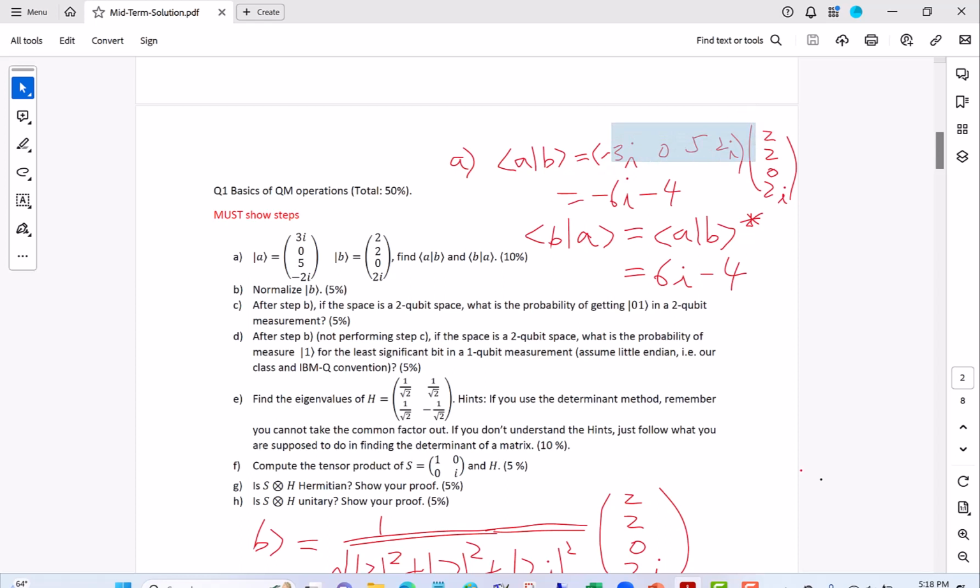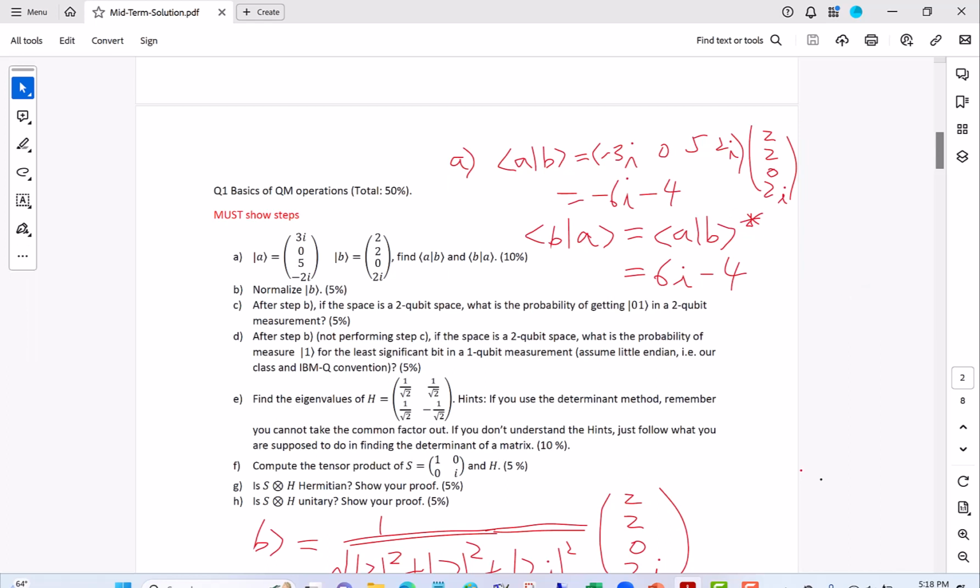And then you need to apply complex conjugate to it. So some of you forgot to do that. So it becomes negative 3i because this is purely imaginary. And then negative 2i becomes 2i. Make sense? And then for B, it is still 2, 2, 0, 2i.